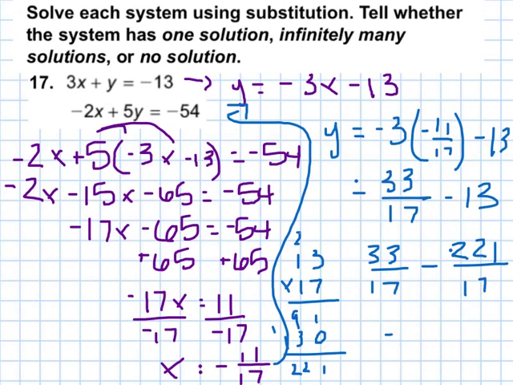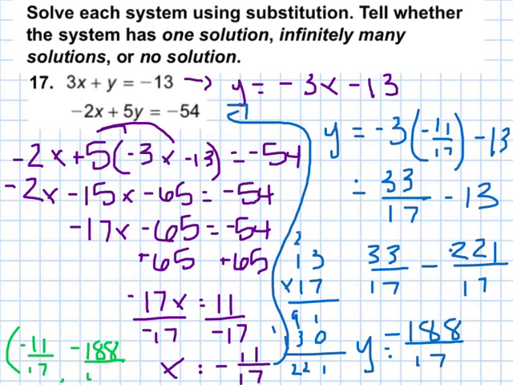And that will be negative 188 over 17. So we're going to do negative 11 over 17, negative 188 over 17, and that is our answer.